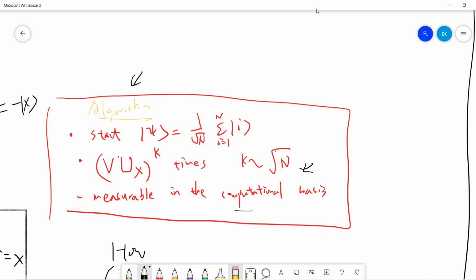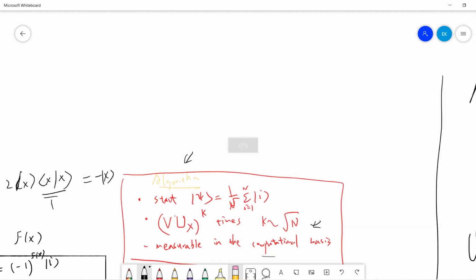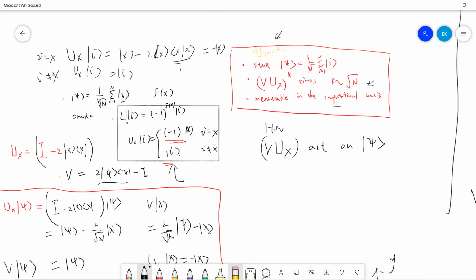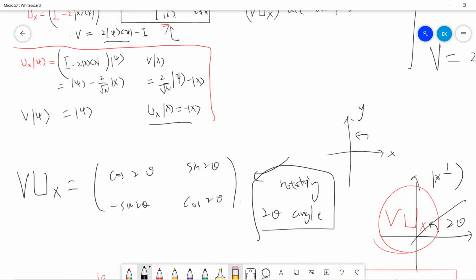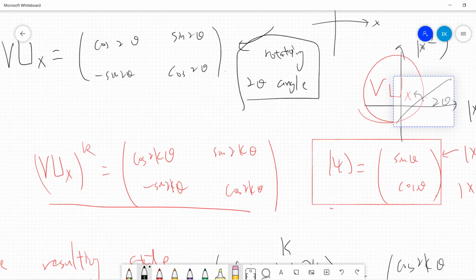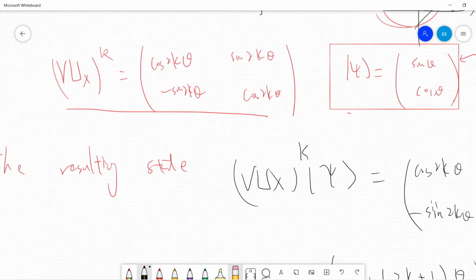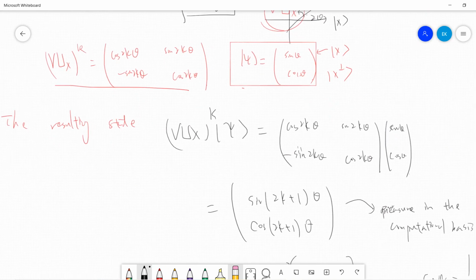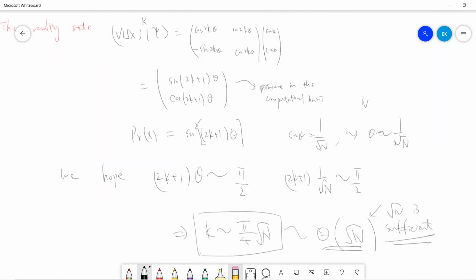It's not like on Wikipedia or in a textbook, where they write Grover's algorithm with very long and hard computation and lots of strange details. In this video, I only provide the minimum information and minimum details that you can prove. To recall, we first create V and Ux, then we compute VUx to the power k, finally we act on this phi and take the probability, and we can easily prove that square root of n is sufficient.